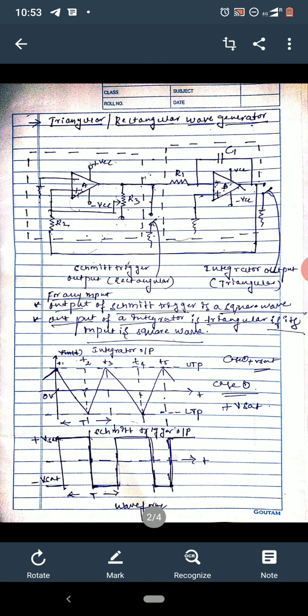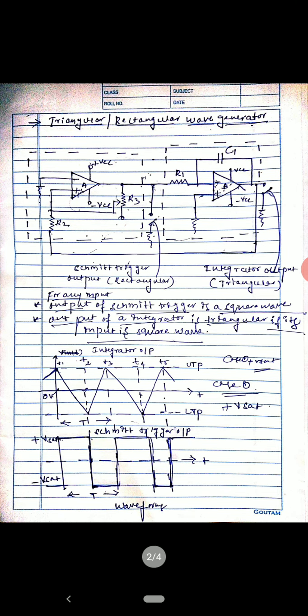As soon as your negative going ramp attains the lower triggering point, the plus V saturation changes into minus V saturation. In this case, the capacitor discharges and you will get a positive going ramp from the duration T2 to T3, and this cycle continues.